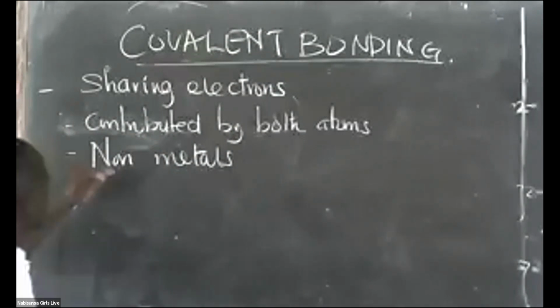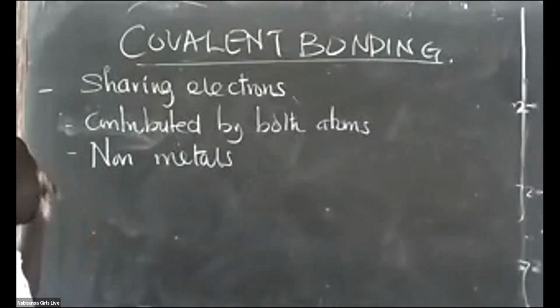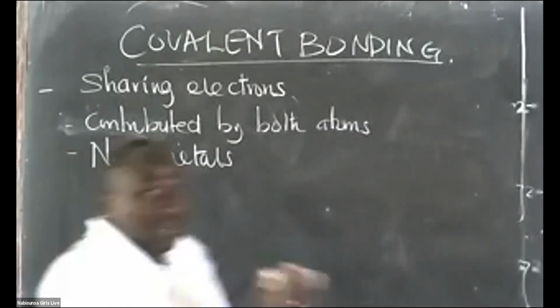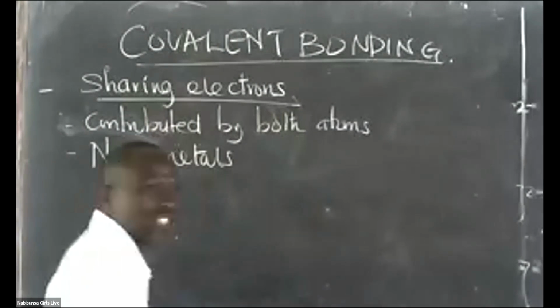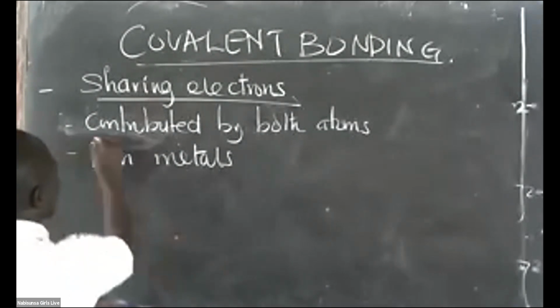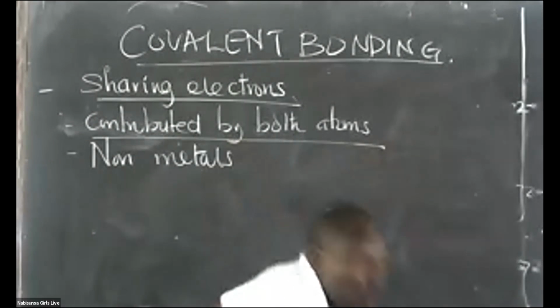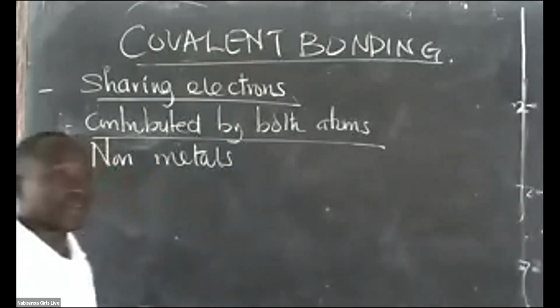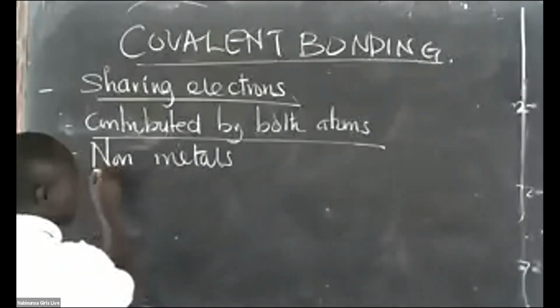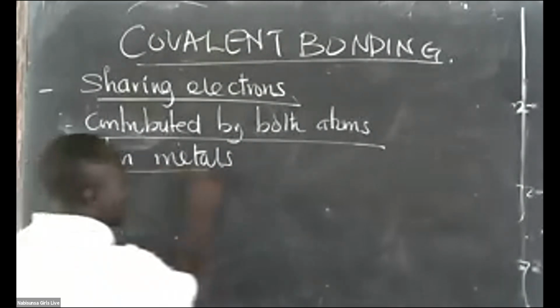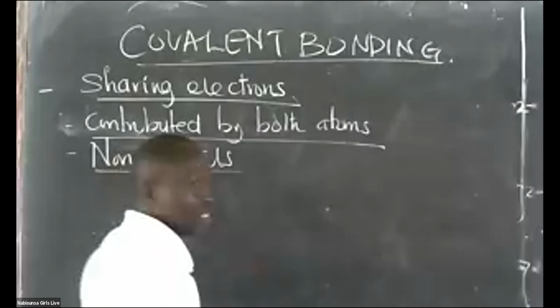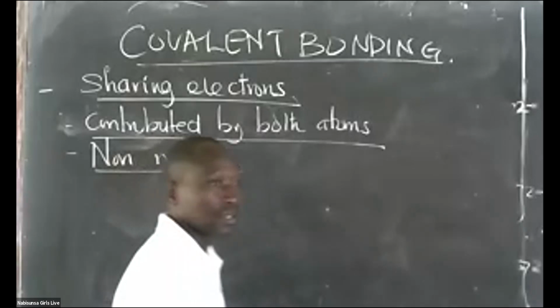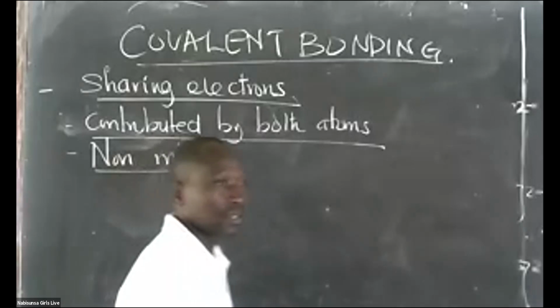Now, this morning we are changing the question and saying, no, instead of transfer, what are we looking at? Sharing. We share. But as we share, everybody must contribute. And who are those who are sharing? Must be only and only non-metals.